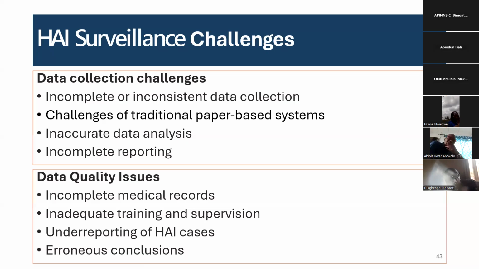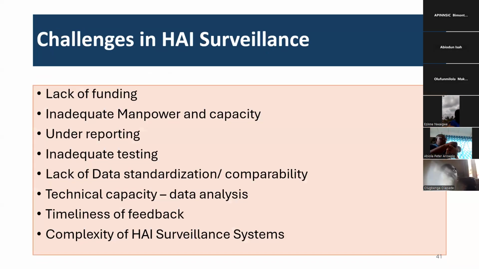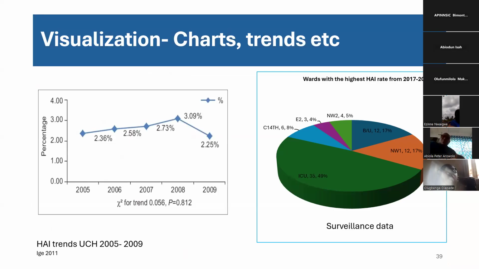Like the chart I presented earlier, this graph showing UCH HAI trends of 2.3 and 3.0, they are gross underestimates, mainly because we are relying on laboratory data and many patients do not get tested. So underreporting is a major problem.